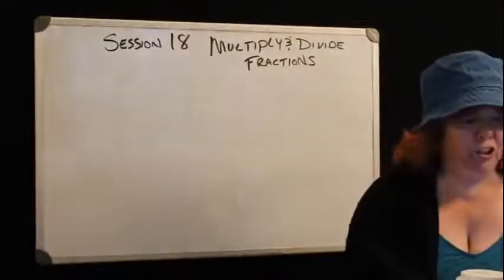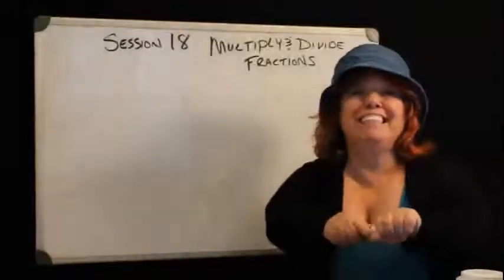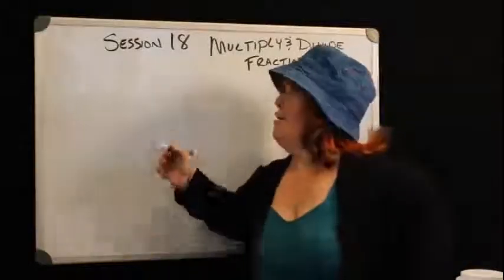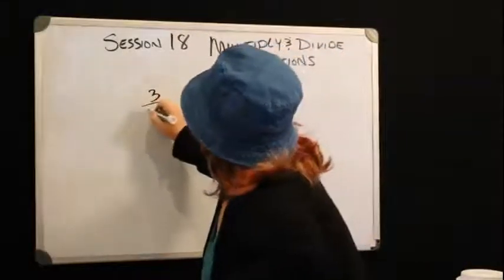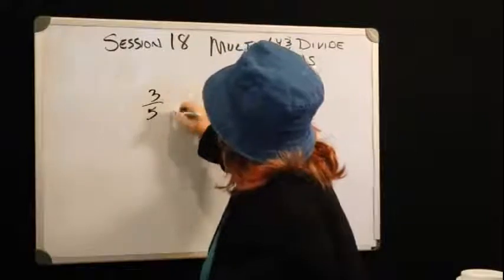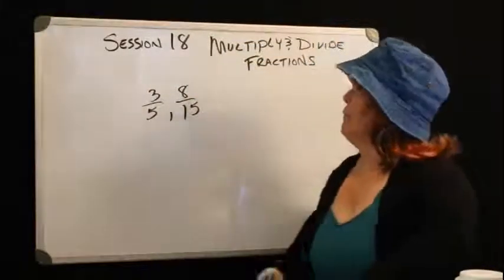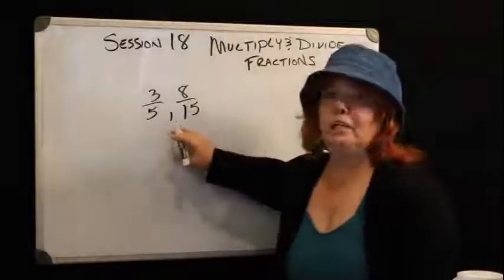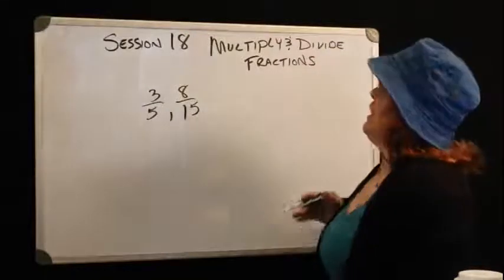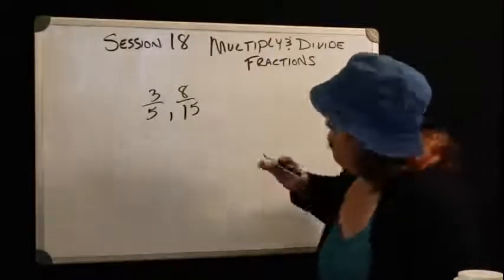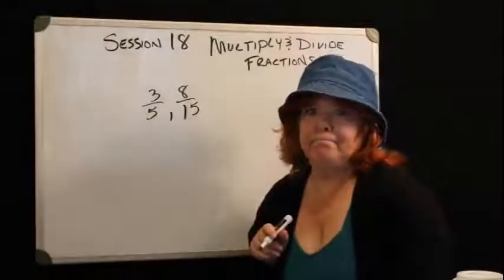The next question is to find common denominators. So we have 3 over 5 and we have 8 over 15. Now, to find the common denominator, we need to find which of these is divided. What can both of these be divided by? 5.